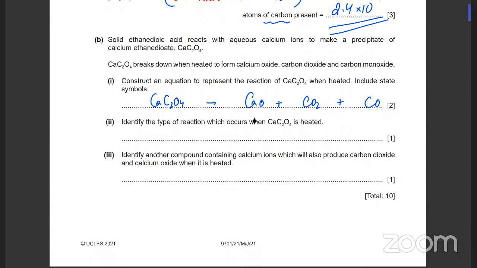Identify the type of reaction which occurs when this thing is heated. So that's, I guess, decomposition. You can even go for a redox reaction because I think it's a redox reaction. Carbon has a different oxidation state over here and over here as well.